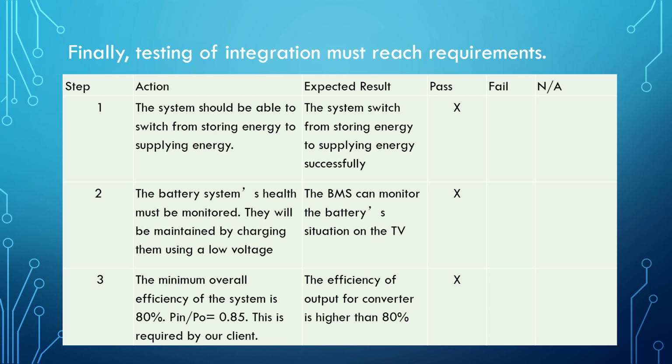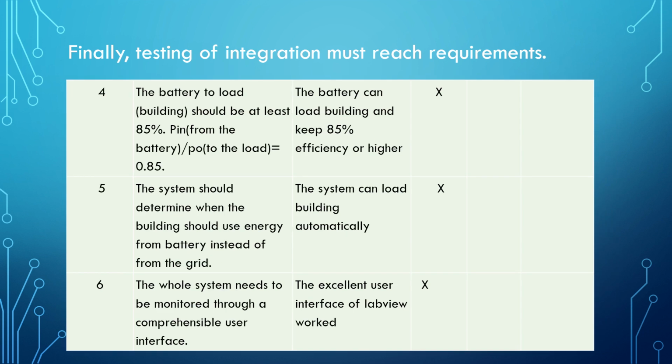And the third one is the minimum overall efficiency of the system is 80%. The efficiency of the output for the converter is higher than 80%, so this one is passed. The fourth one is the battery to load efficiency should be at least 85%, and this one also worked by the precise calculation.